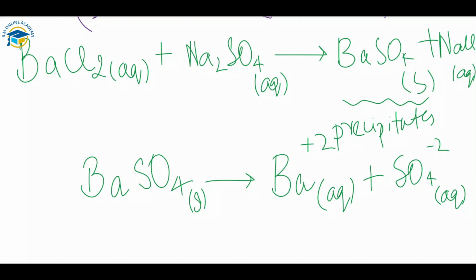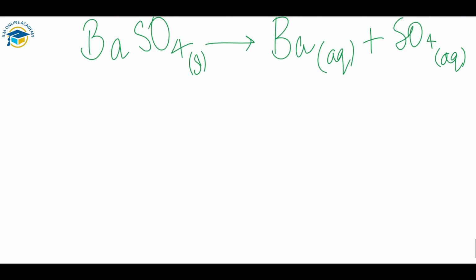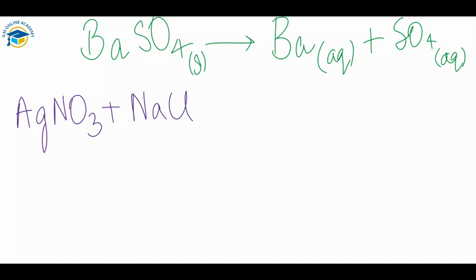So next we have another example of a precipitation reaction that we commonly use. We have the equation for the precipitation of silver nitrate, AgNO3. Silver nitrate reacts with sodium chloride, NaCl, and forms AgCl, which is the solid.